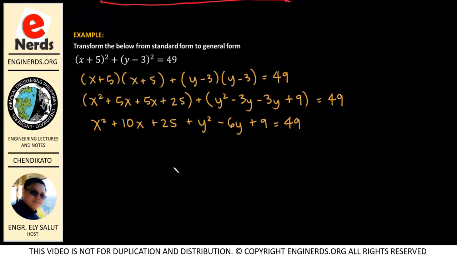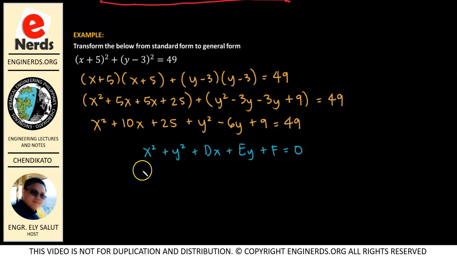Okay, so now we're going to rearrange it again in accordance sa ating general form. So again, ano yung ating general form? X squared plus y squared plus dx plus ey plus f is equal to 0. Okay, so let us just arrange our answer here according to this arrangement. No?